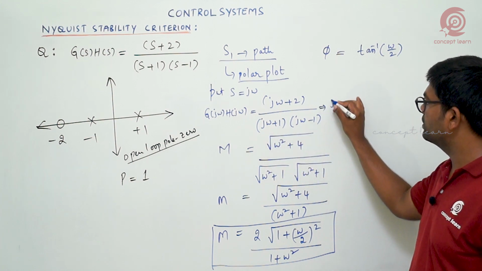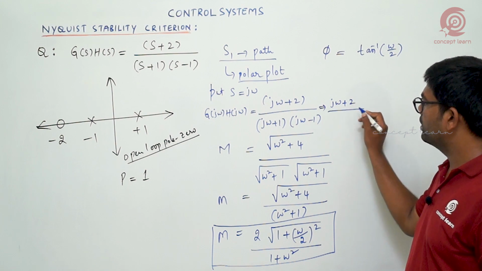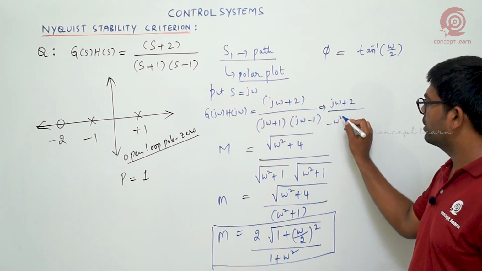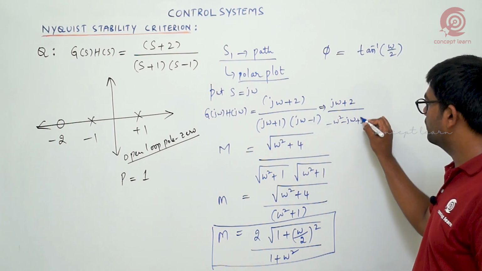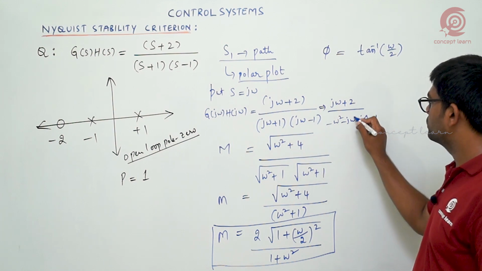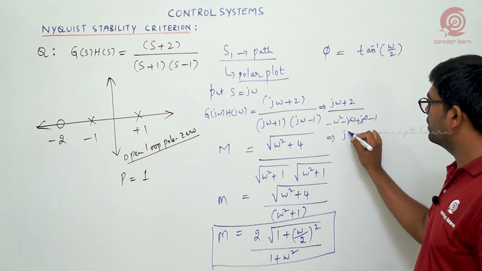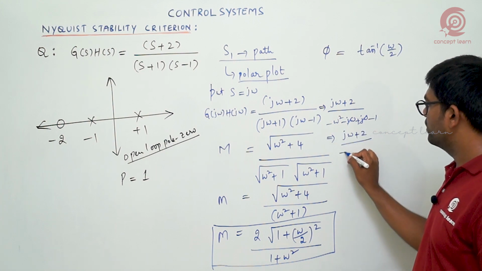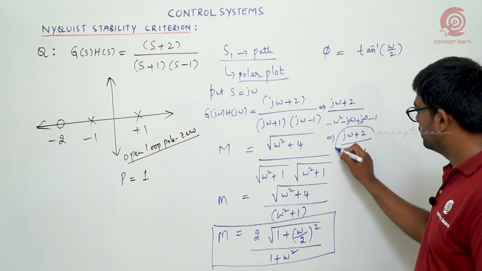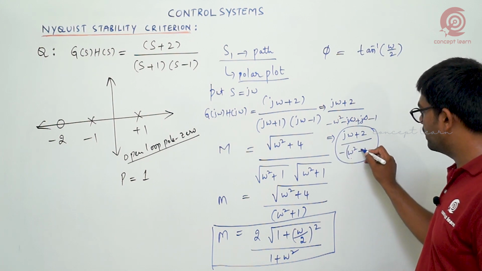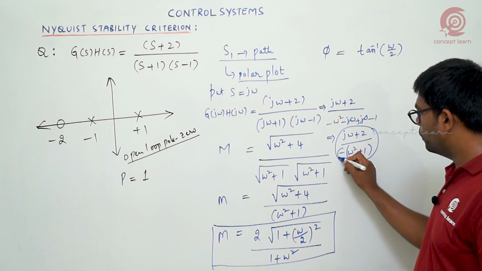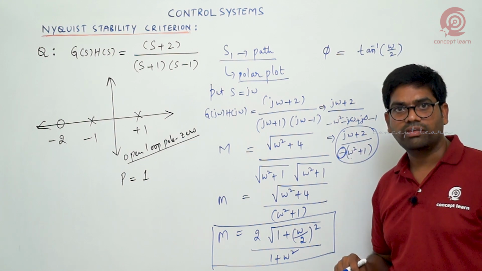What do we get? Minus omega square minus j omega, next plus j omega, next minus 1, these two will get cancelled. What is the result we are having? j omega plus 2 by minus omega square minus 1. Look at the denominator, if you take the minus sign common we get omega square plus 1. So overall we have a negative sign.